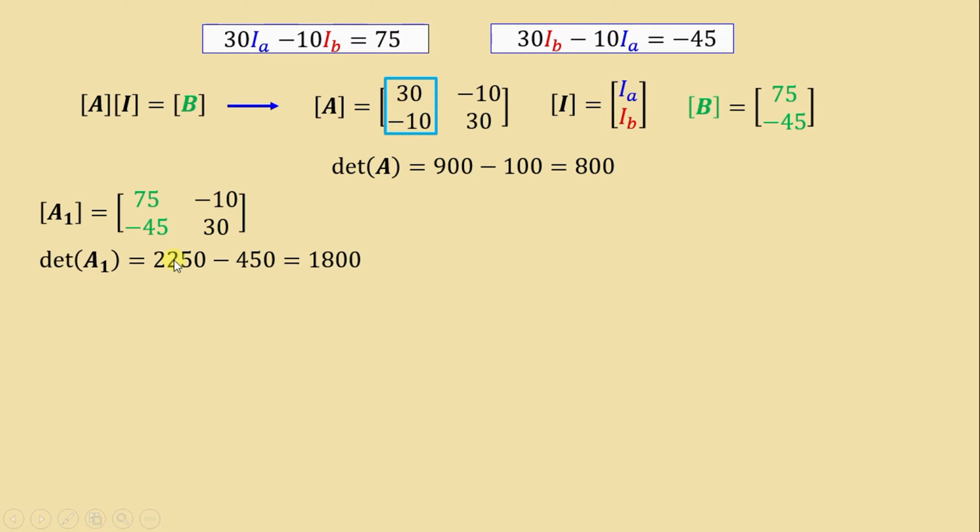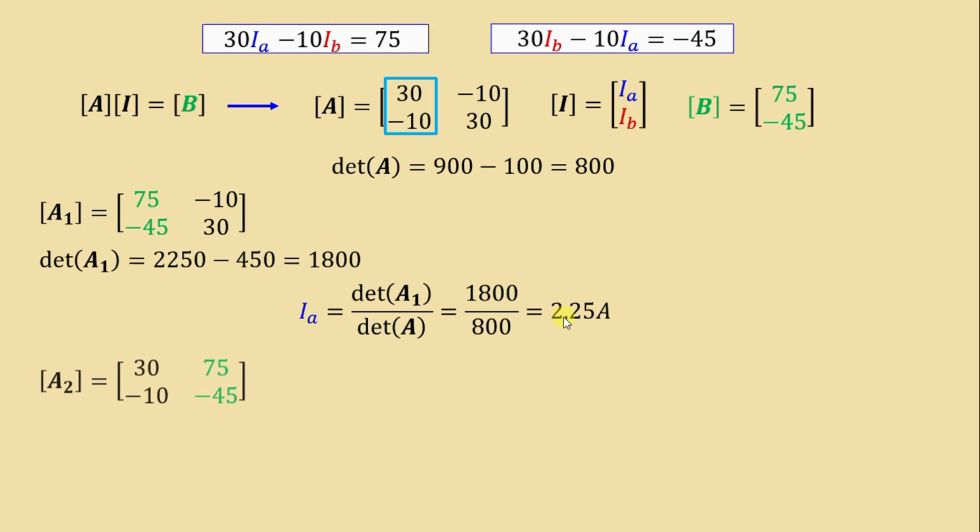We obtain 2250 minus 450 is equal to 1800. Now we can easily calculate IA, given by determinant of A1 over determinant of A, is equal to 1800 over 800 is equal to 2.25 amps.